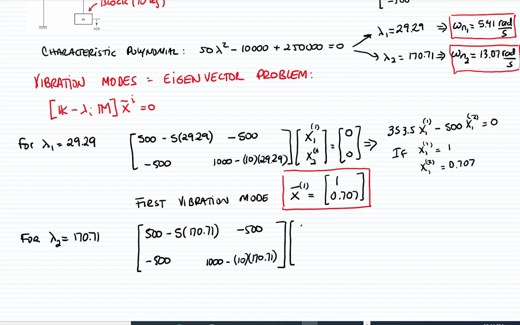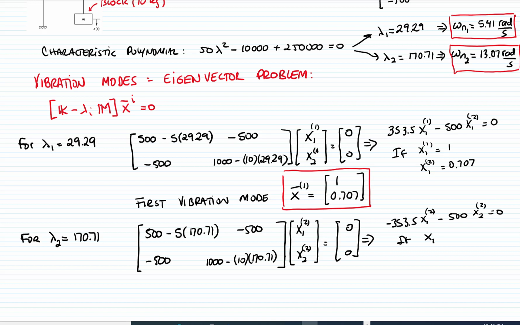Again, that leads me to two equations, but they represent the same equation. They are linear dependent, so we have only one equation. I will use the first one, and that will allow me to calculate the second vibration mode.